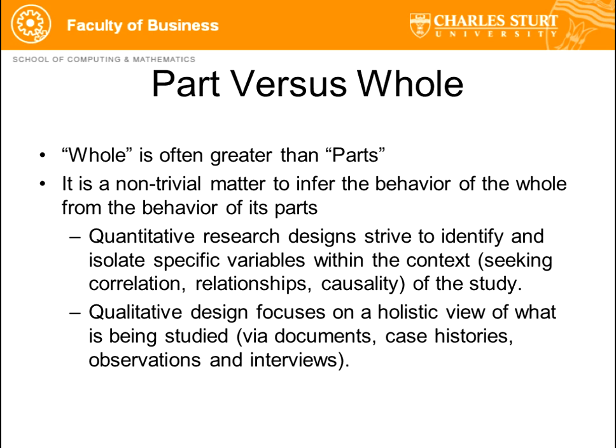And in this, the part is often different to the whole. The whole is maybe greater than the parts, and maybe we can't extrapolate things. In putting it together, we are trying to infer the behavior of an entire population from little bits and little samples. And that can be non-trivial. It can be truly difficult to actually put these things together.